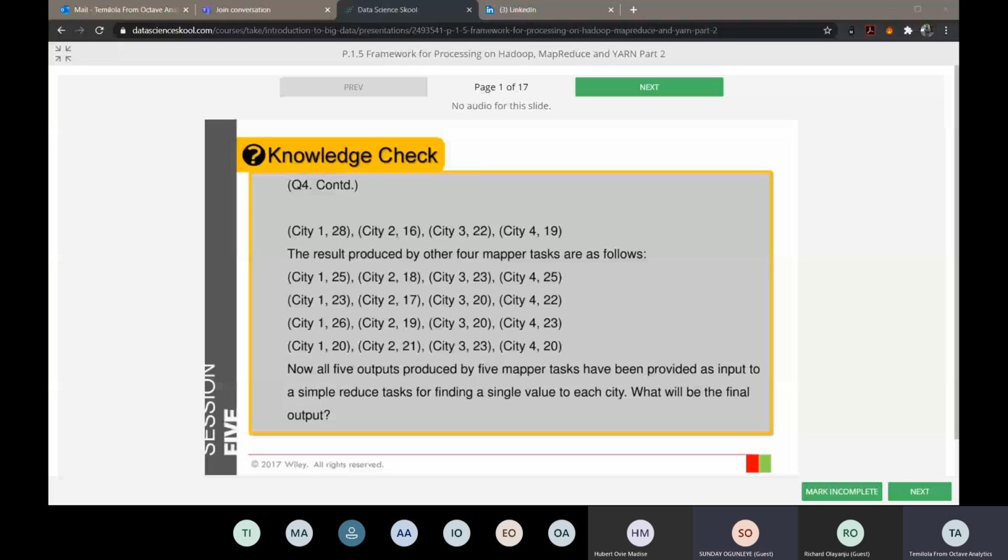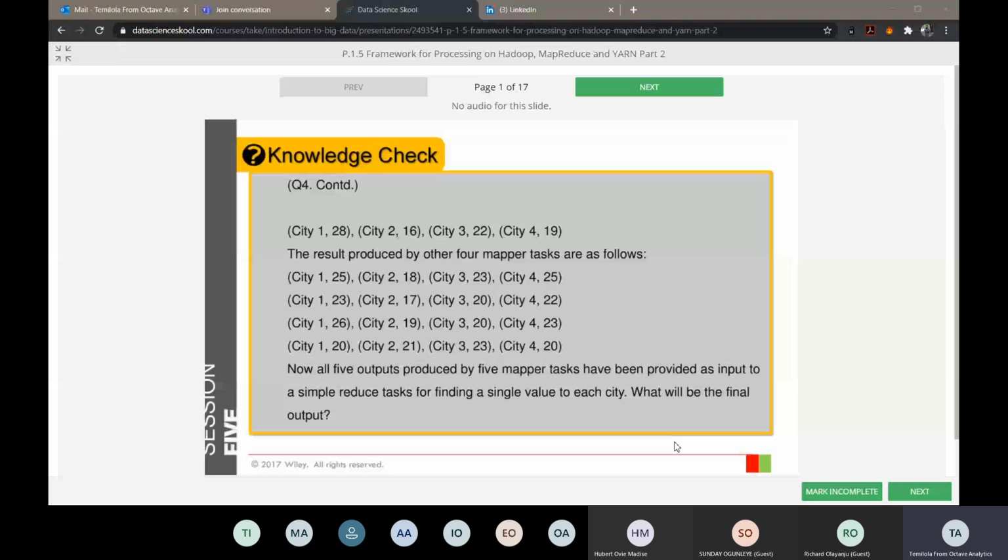Okay, I said now we have all these 5 outputs by our 5 mapper tasks. So for the simple reduce task for finding a single value of temperature to each city, what will be the final output? I remember I told you the reduce function basically aggregates.